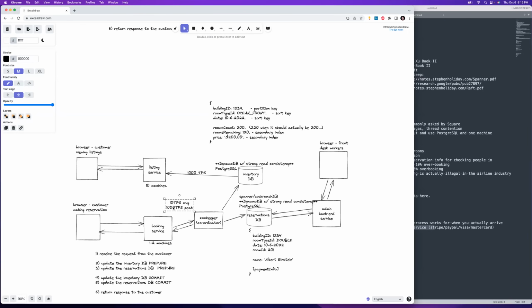So then you're getting, let's say, 100 TPS at the peak, and they're all trying to access just this one room type. And since it's all in one record, instead of flattening the rooms out into a few hundred, you're going to get that thread contention where 100 people are trying to access the same exact record in the inventory DB all at once. And that's thread contention. That's what's going on there.